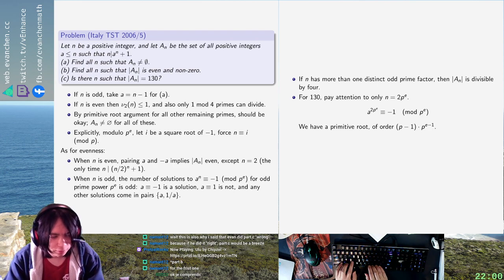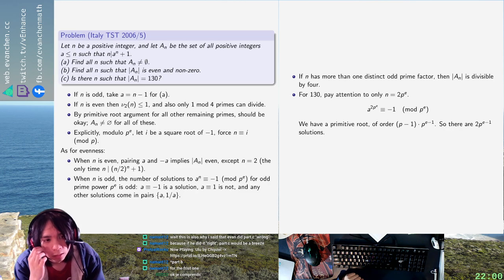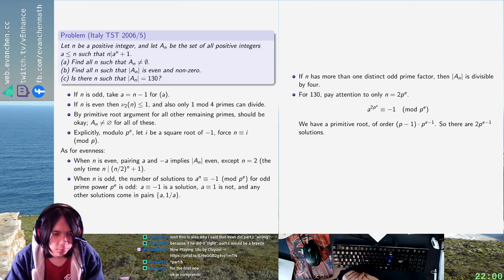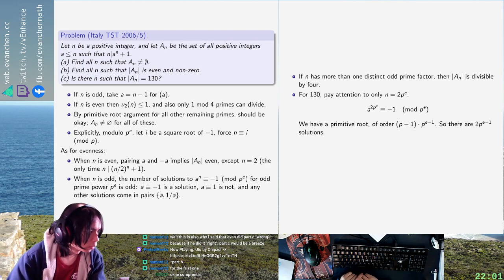Is that right? Did I do that calculation right? Should be the GCD of them, right? I think so.